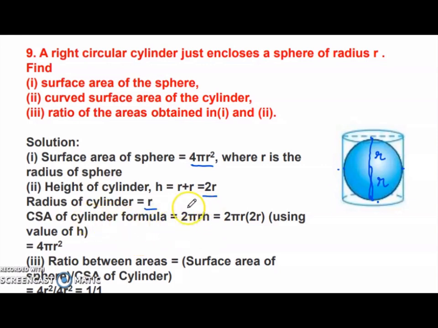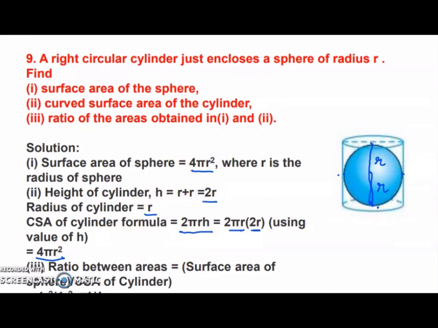So the CSA of the cylinder formula is 2 pi r h. In that you can put h as 2r. So 2 pi r into 2r. So it will be again 4 pi r square. So the CSA of the cylinder and of the sphere both are coming as 4 pi r square.